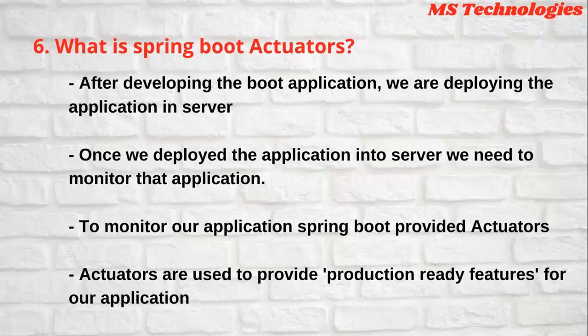Now tell me, what is Actuator? Once we deploy our application into the server, we need to monitor our application status. For that, Spring Boot provides the Actuator concept. Actuators are used to provide production-ready features for our application.